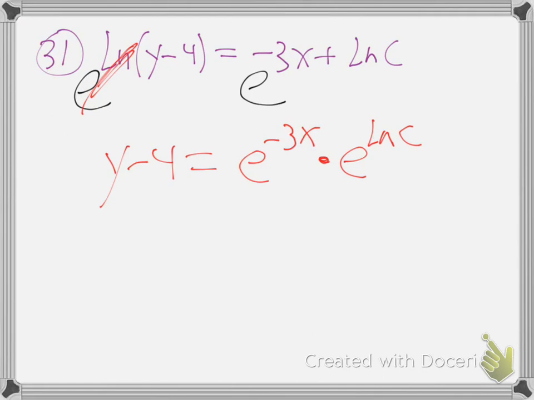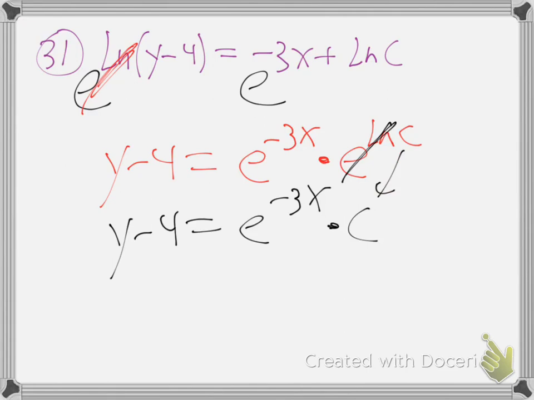Same bases multiplied is one of those bases, powers added. See how that's the same rule? Is that good there? And now, these guys cancel. What's the other one do? The other one just stays. E to the minus 3x, can't do anything with that, times C. This just drops down, right? When the E and the LN cancel, the C just drops down to regular level. It doesn't float up there in the power zone when there's no base for it anymore.